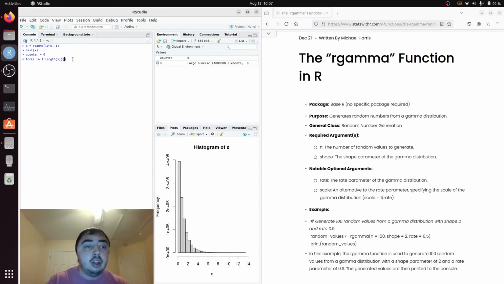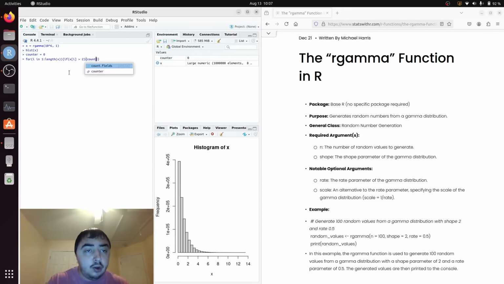So we make a conditional statement. If x[i], or x of i, is greater than 2, and then we tell the conditional statement to do something.